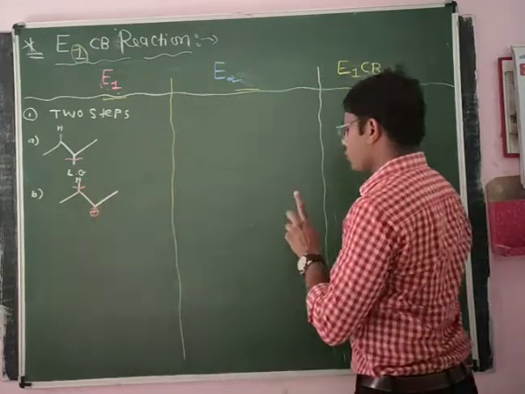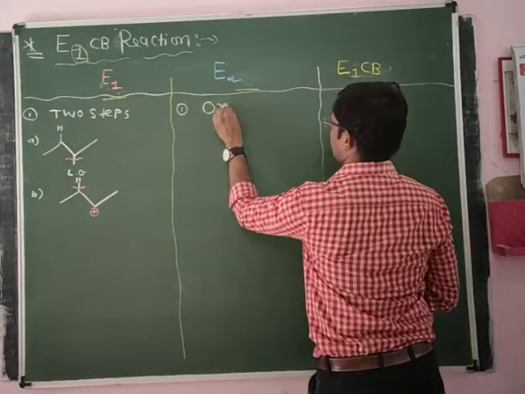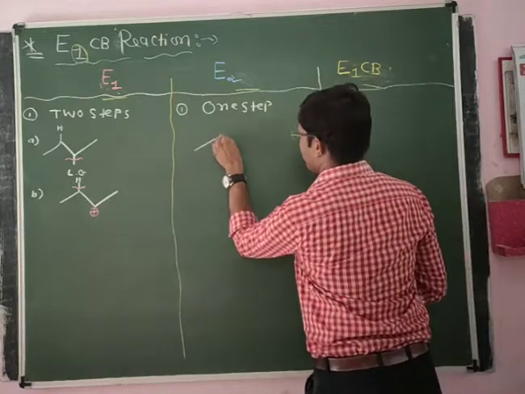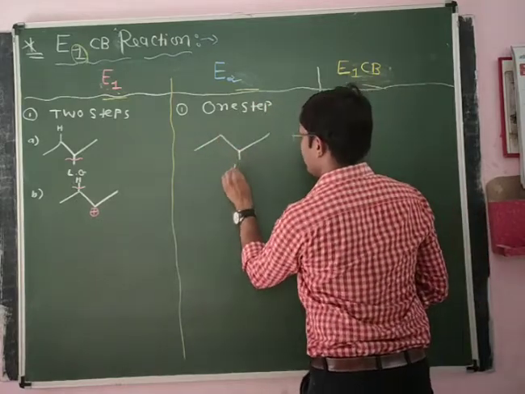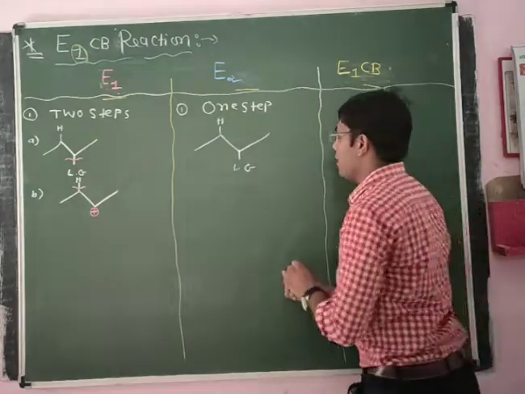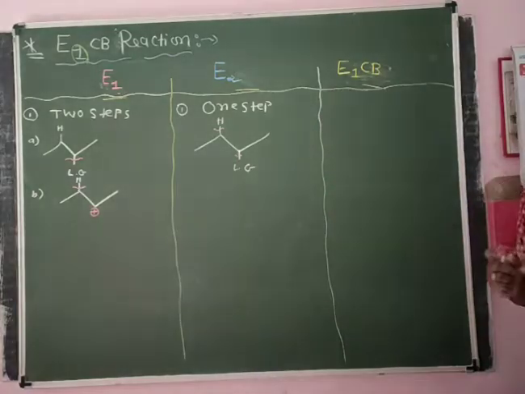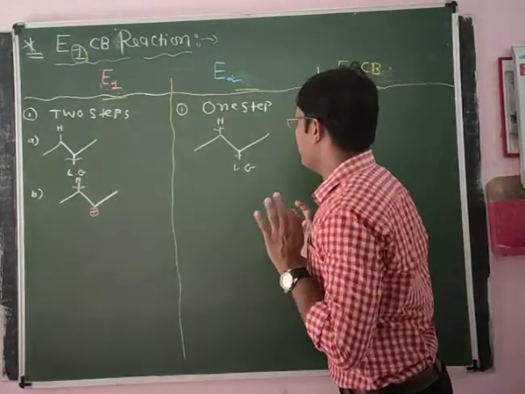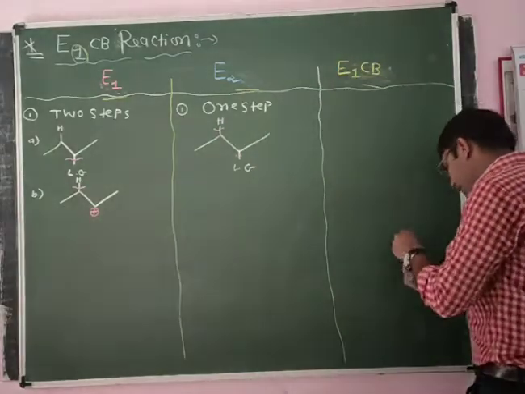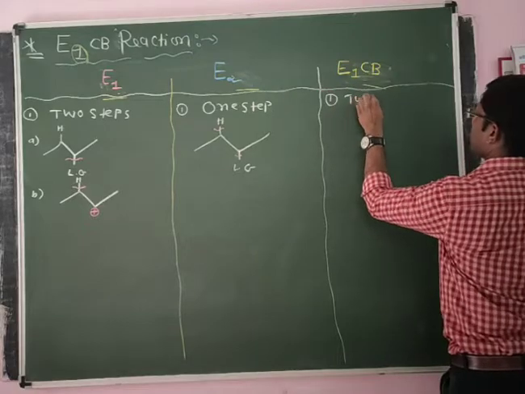Clear? And you know very well, the E2 reaction occurs in only one step. In this one step reaction, the leaving group as well as the hydrogen are both removed simultaneously. Clear? Means both the leaving group as well as the proton are removed in one step simultaneously. And we have already discussed, E1cB is a two-step reaction.